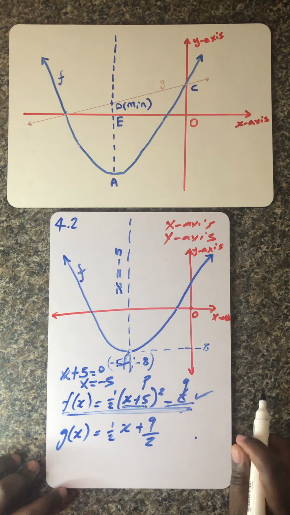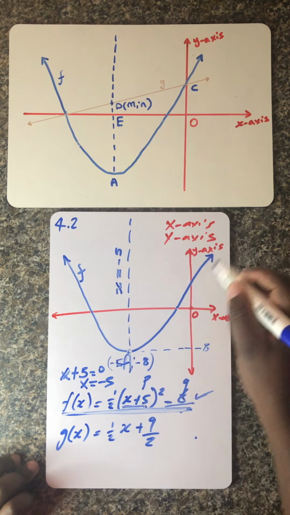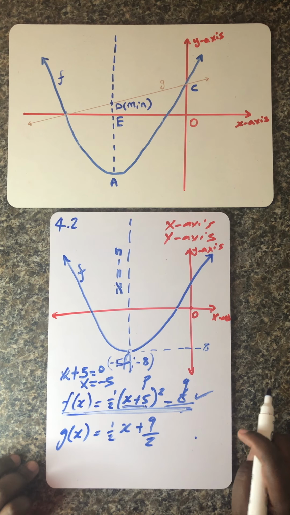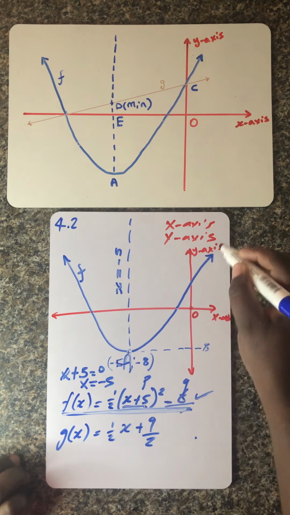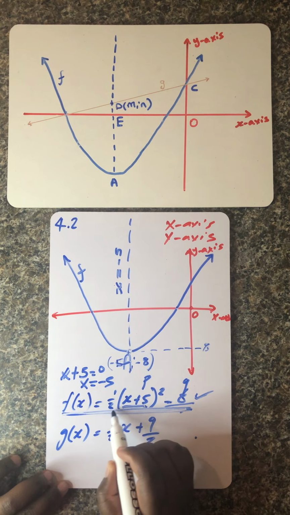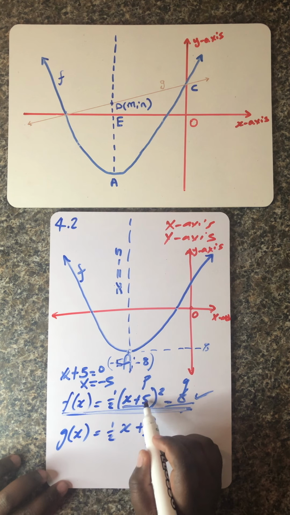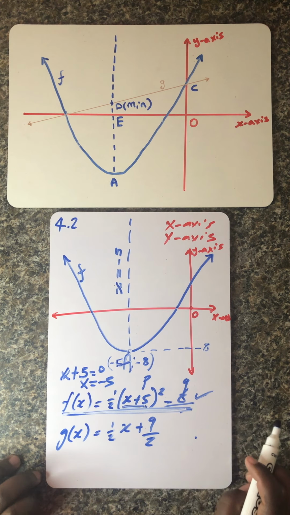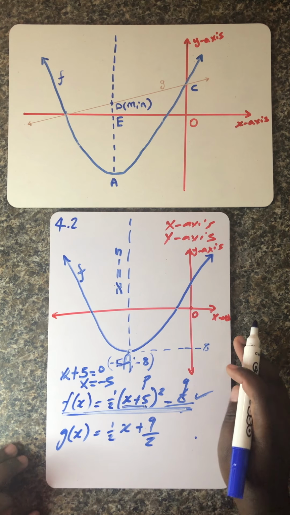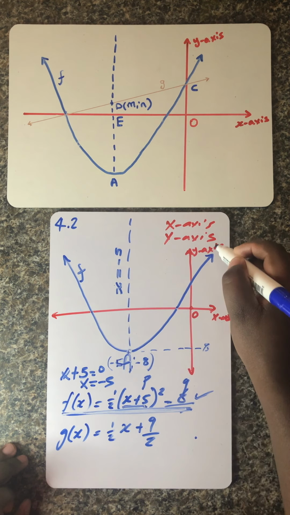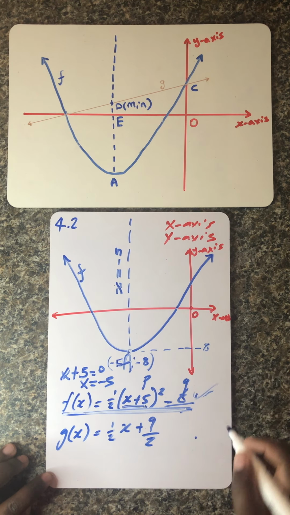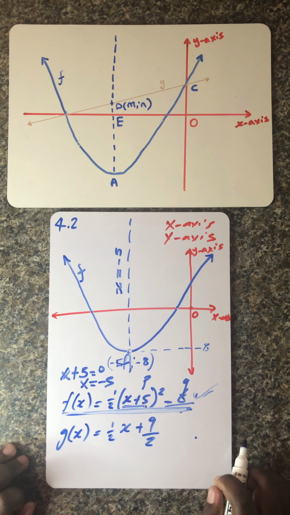Of the graph of f. What is the equation of the graph of f? The equation of the graph of f is 1/2 (x + 5)² − 8. So anything that has to do with the graph of f, always consult that formula. It might help you in providing the answers to questions that you might be asked.